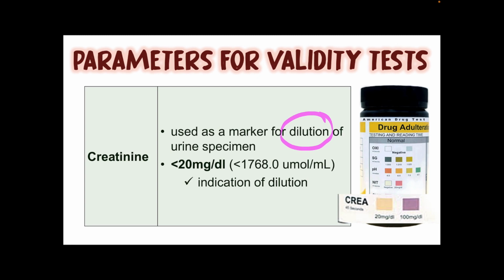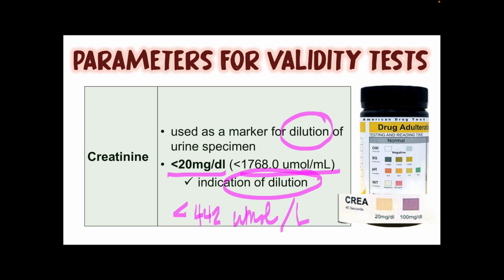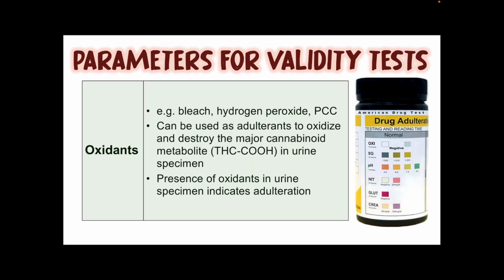So again, it's a marker for dilution, and a concentration of less than 20 milligrams per dL or 1,768 micromole per liter. That's the indication of dilution. And we will know also if it is a substitution type of tampering if it's less than 442 micromole per liter.